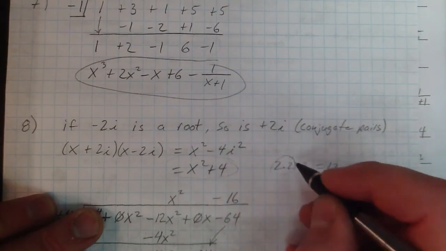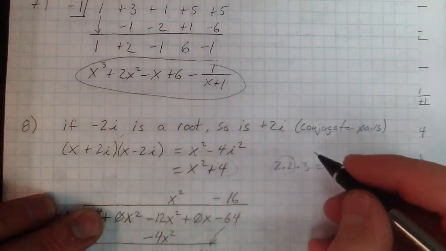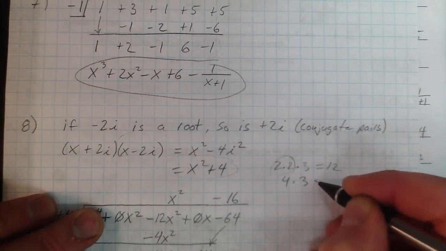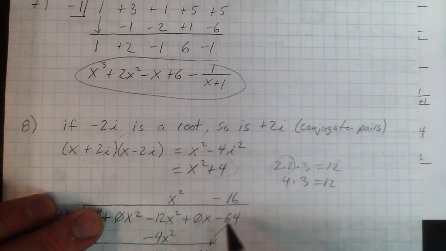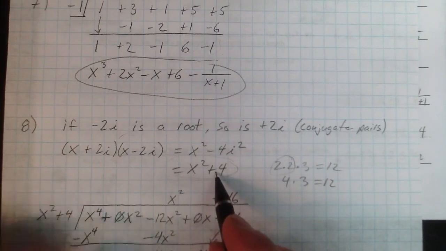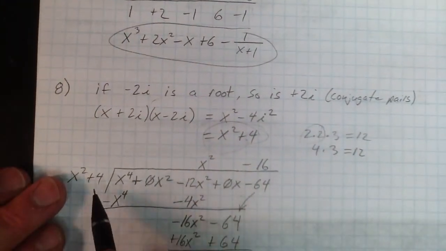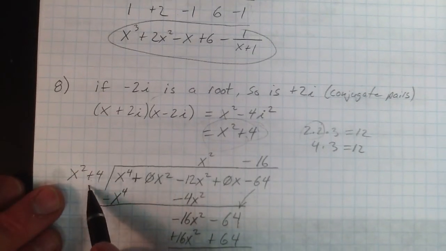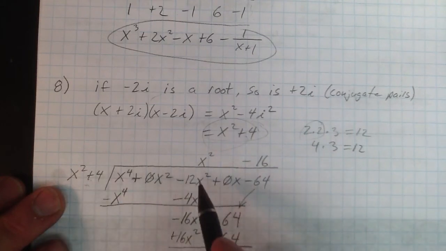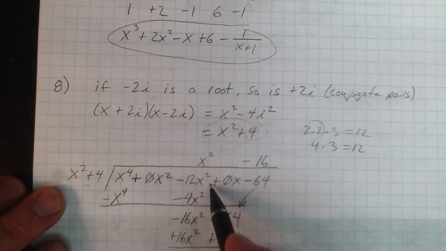Well, I can combine these 2 factors, which is what I've done here, and I can just say 4 times 3 is equal to 12. So that's why I've got this in this form, because what I want to do is take this, and that is going to be my divisor. That is a factor. It's a little bit larger factor, but a factor nonetheless, and I'm going to divide it into my original given polynomial.